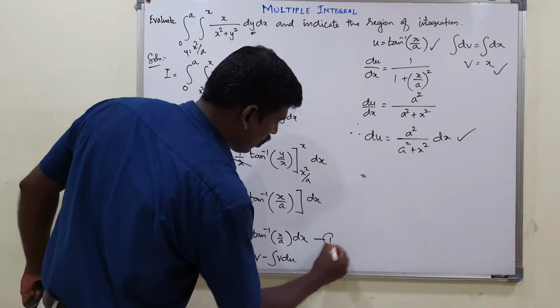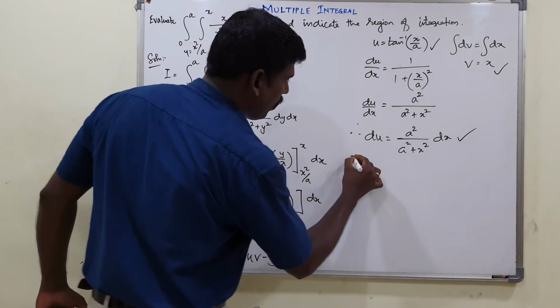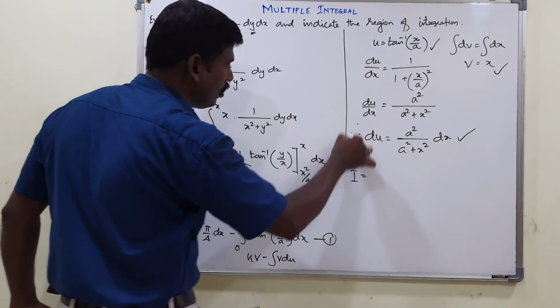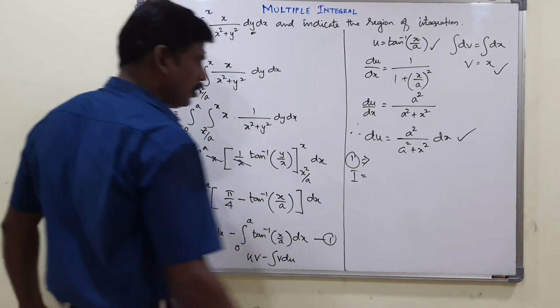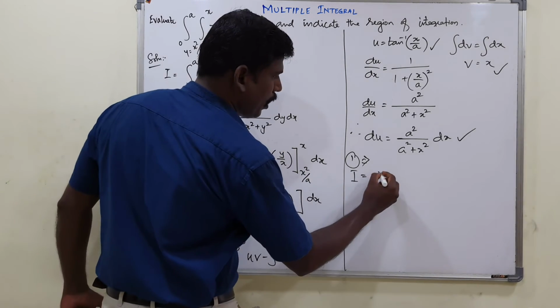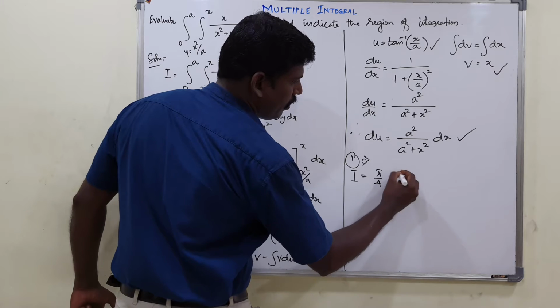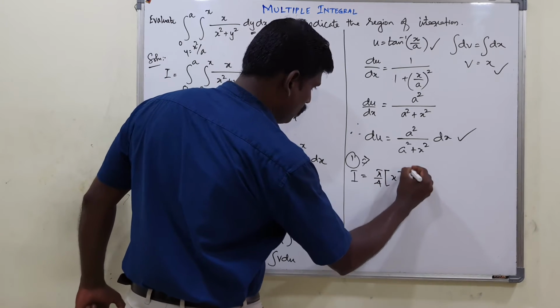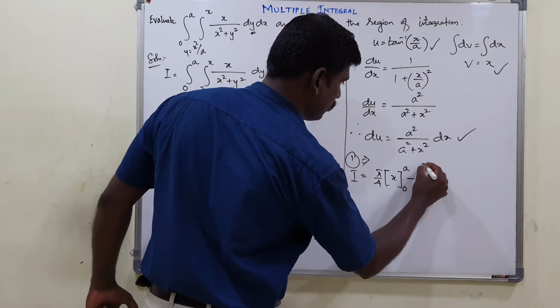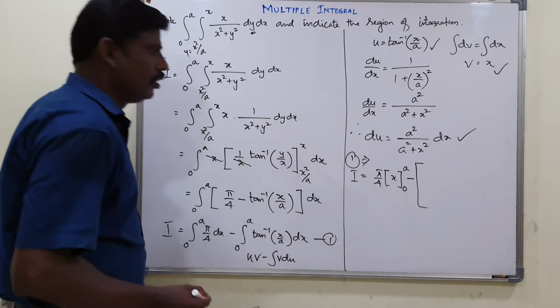Okay. So I is equal to, what? This pi by 4 can be taken out of the integral, so pi by 4 into the integral of dx, x from 0 to a, minus, okay, right?